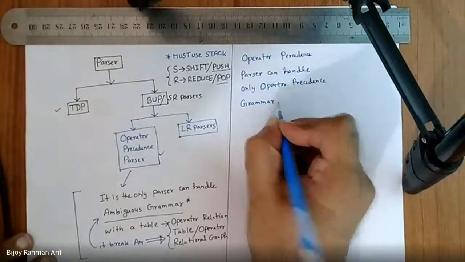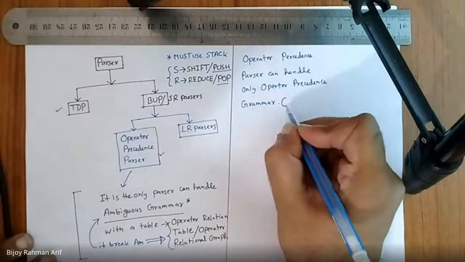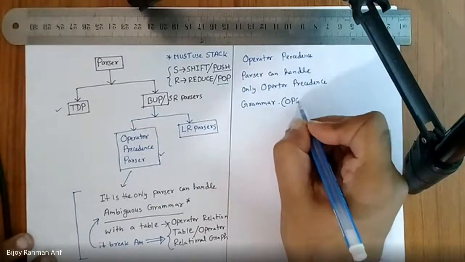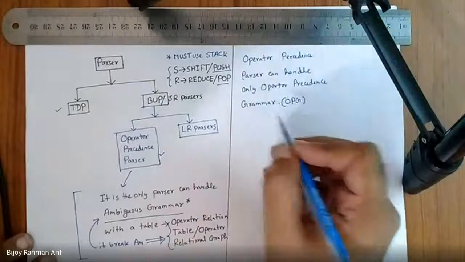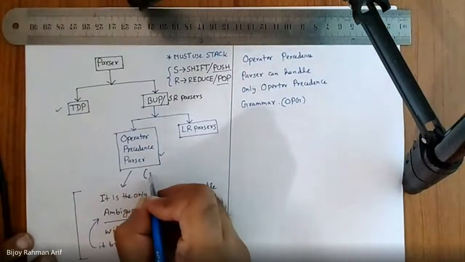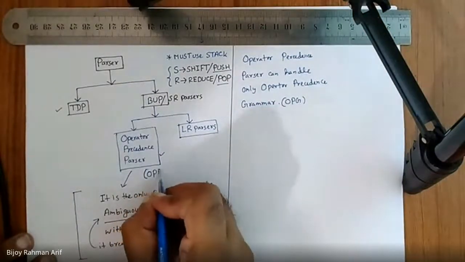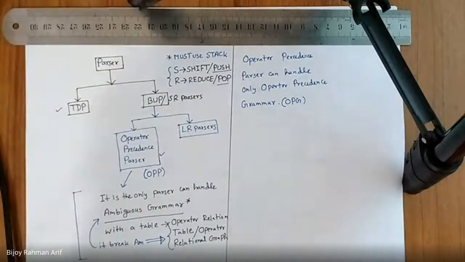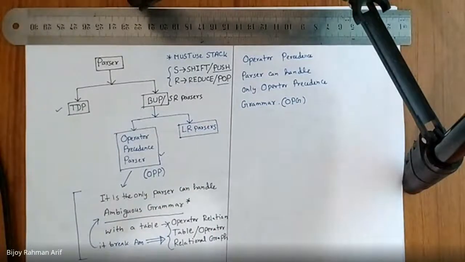From the next onwards, we are going to call it OPG, operator precedence grammar, and we call this parser OPP. So OPP uses a special type of grammar, which is nothing but operator precedence grammar.